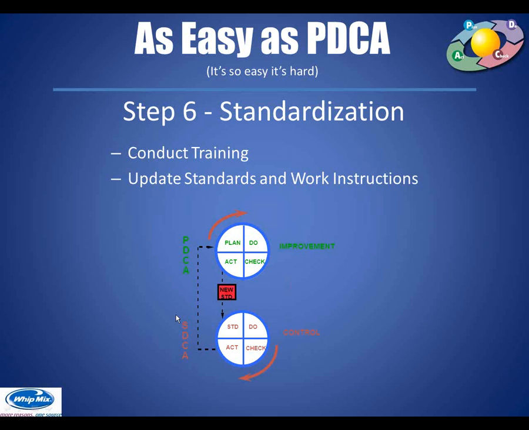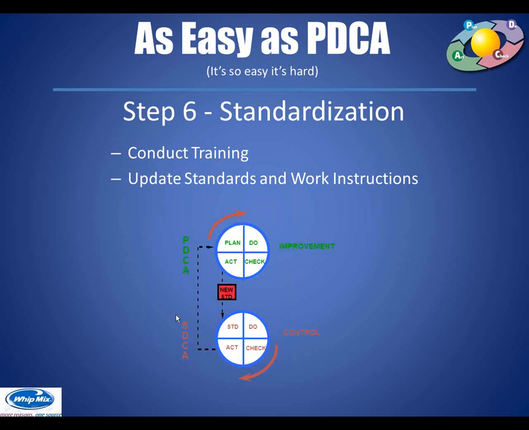Now, one way that we can help make it stick is through standardization. If you have work instructions and standards, this is the time where you would update those. You would conduct your training and make sure that people are on board. If you don't have work instructions or training systems in place, it's really hard to make it stick.